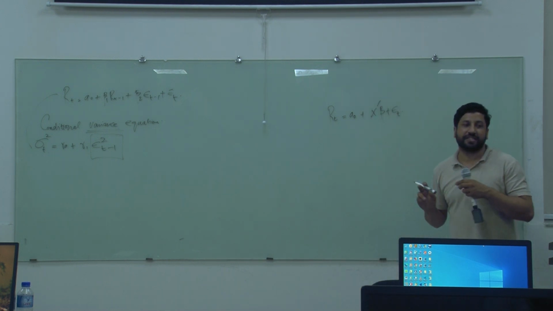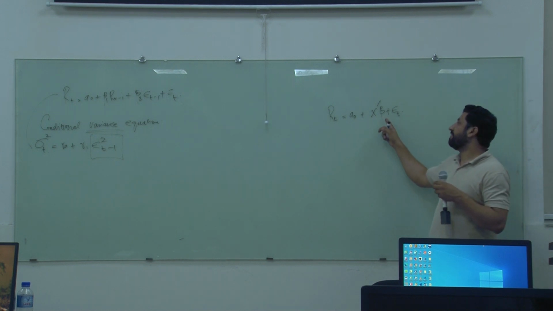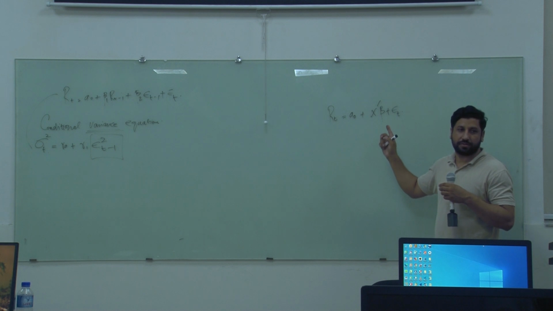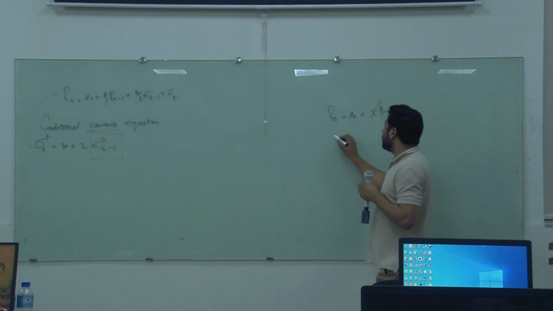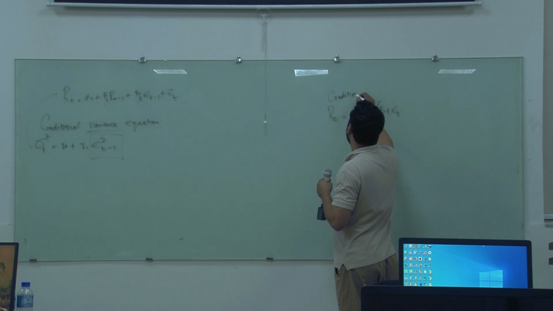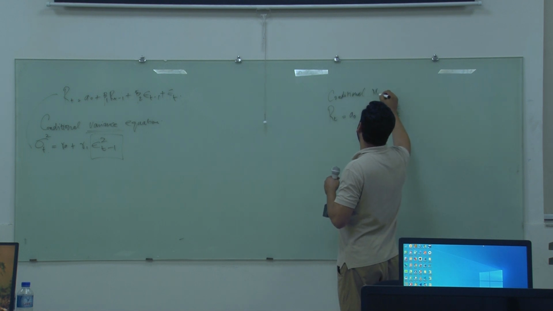These are matrices. This one is the vector of parameters, and this is the matrix of independent variables. This is the conditional mean equation.